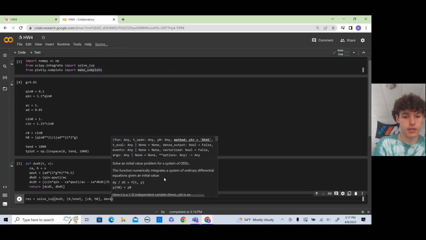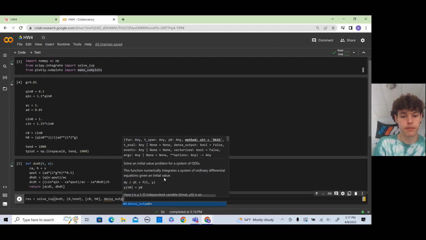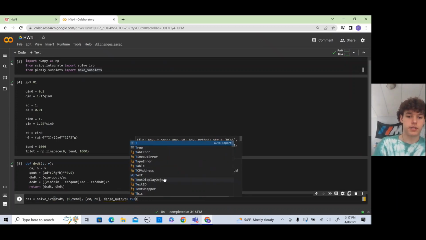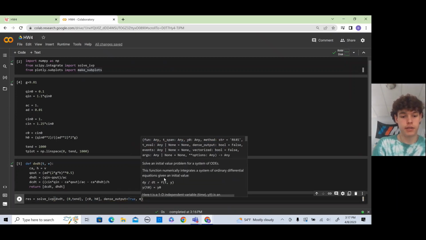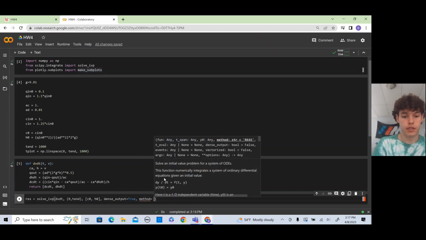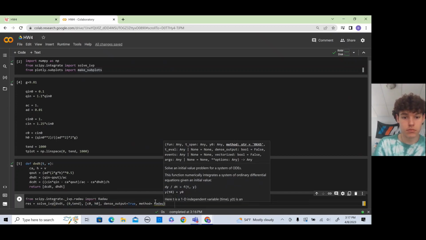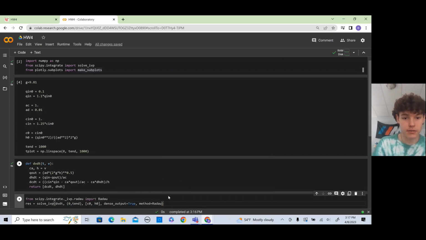We want our dense output equal to true. And for the sake of accuracy, our method will be Radau.